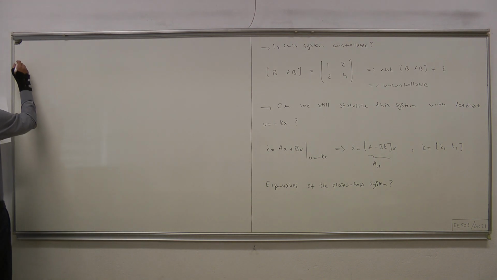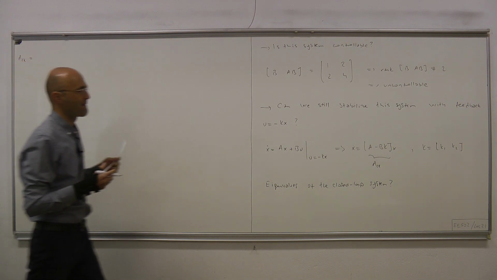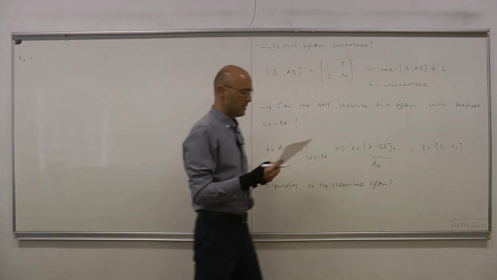The closed loop system matrix equals A minus BK.